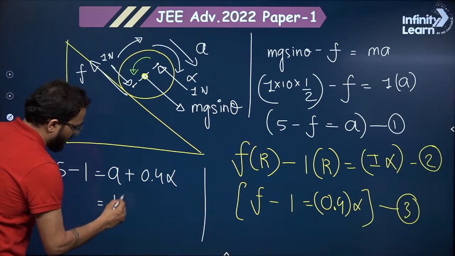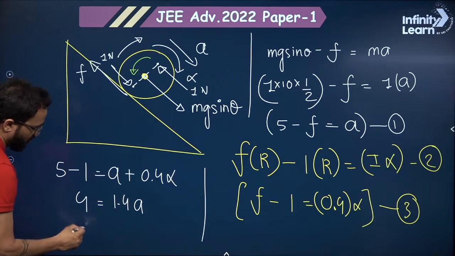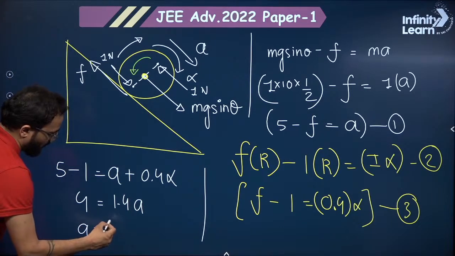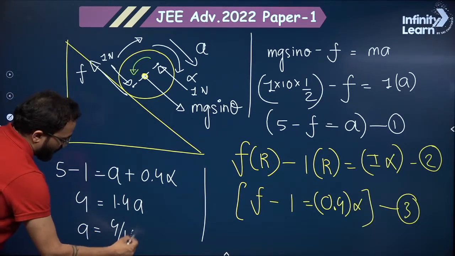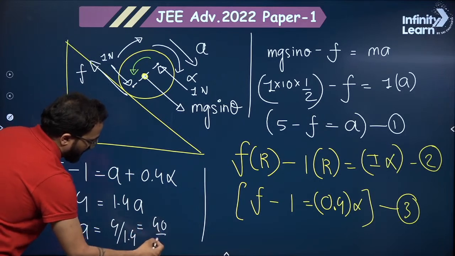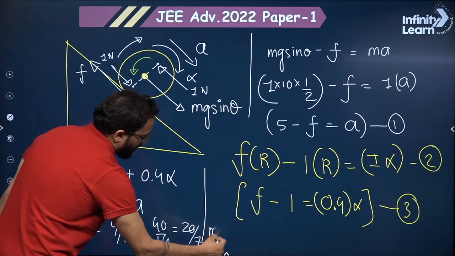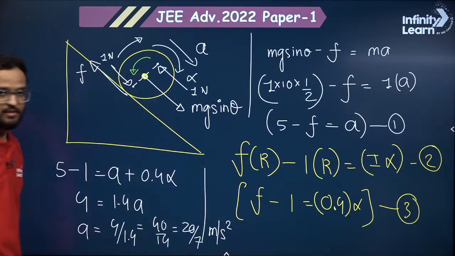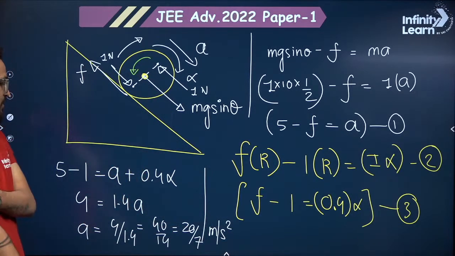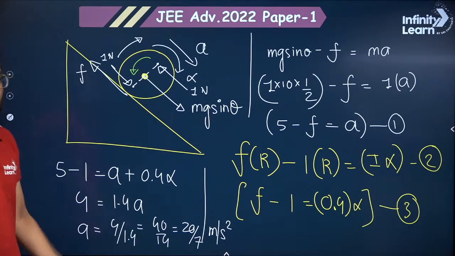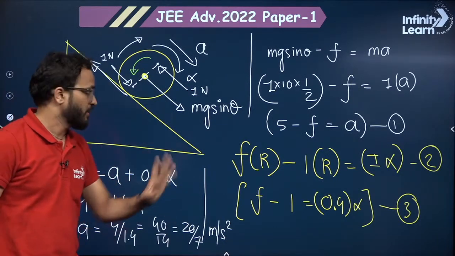So I can say it is 1.4 a is equals to 4. So a will be 4 upon 1.4, that is 40 upon 14 or 20 upon 7 meter per second square. So this will be your answer, 20 by 7 meter per second square. Clear? So that is the answer for this particular question.